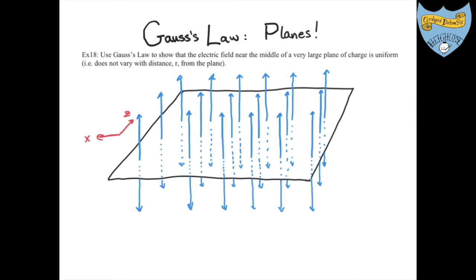All right, now if we want to use Gauss's law to find the electric field above and below this plane of charge, we first have to figure out what Gaussian surface we're going to use. The most common shape that people will use when they're trying to determine this formula is actually a cylinder, oddly enough.